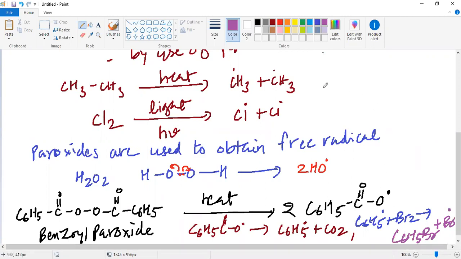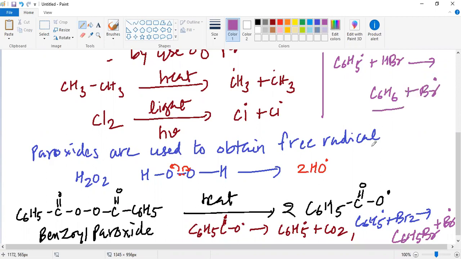Or suppose we allow the C6H5 free radical to react with HBr, my dear students, it will give us C6H6, that is benzene, and Br free radical. So a free radical can make other neutral compounds into free radicals.